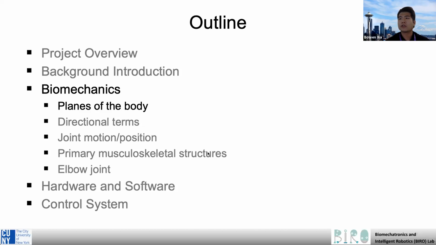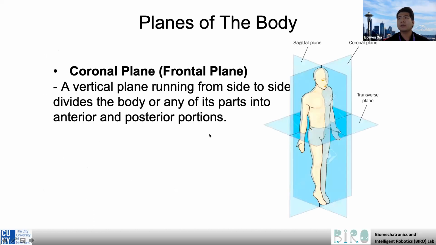So first of all, let's talk about the biomechanics, the planes of the body. There are three major planes in the human body. The coronal plane, also known as the frontal plane, is a vertical plane running from side to side, dividing the body or any of its parts into anterior and posterior portions.